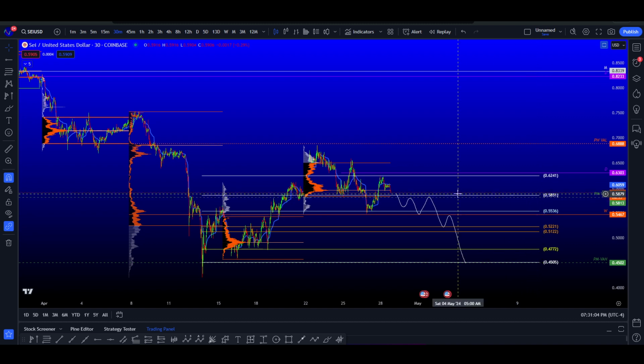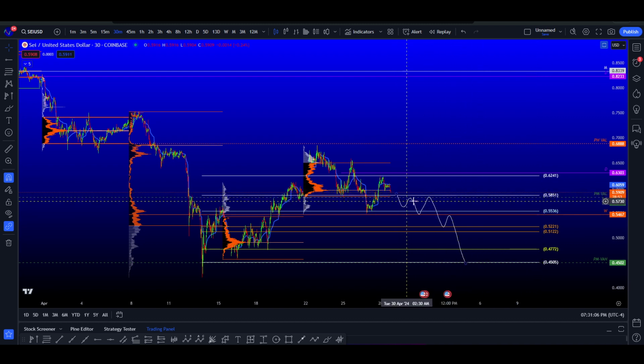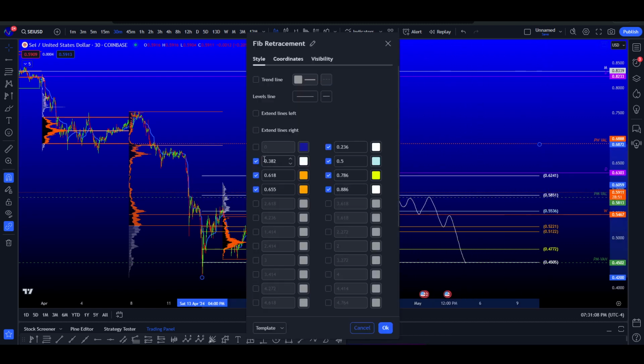And the 382 also lining up with this level. So this is a very important level for SEI, right?